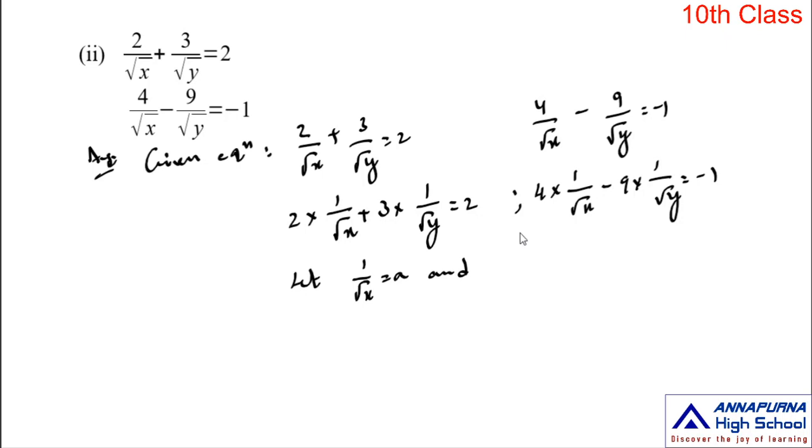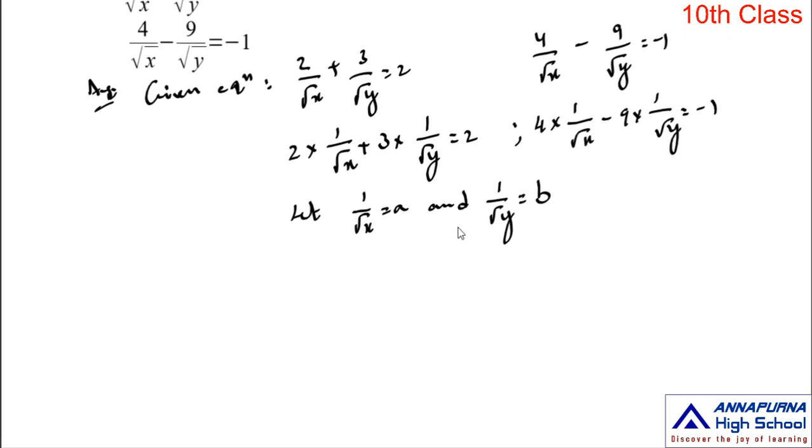And which value as b? 1 by root y is equal to b. Let us substitute these two values in the two equations. 2a plus 3b is equal to 2 and 4a minus 9b is equal to minus 1. Now the given two equations are changed to two linear equations with variables a and b.